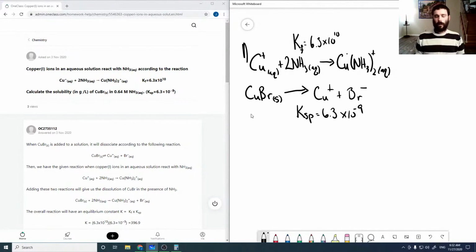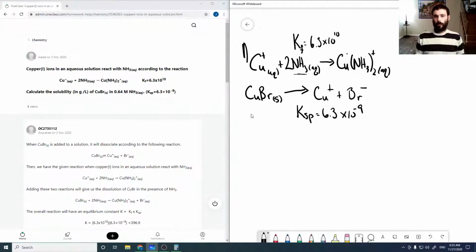And so it wants us to calculate the solubility for copper bromide, given this K of solubility, but in a 0.64 molar NH3 solution.